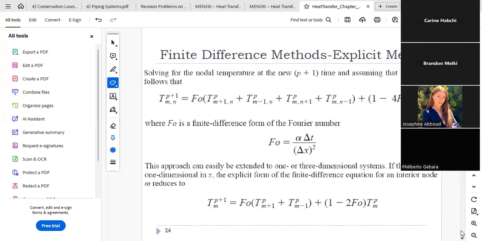Now, how to continue with it? Okay, we will develop this equation. If we develop this equation and we assume that delta x is equal to delta y, we can come up with this relation. Let us derive it together.